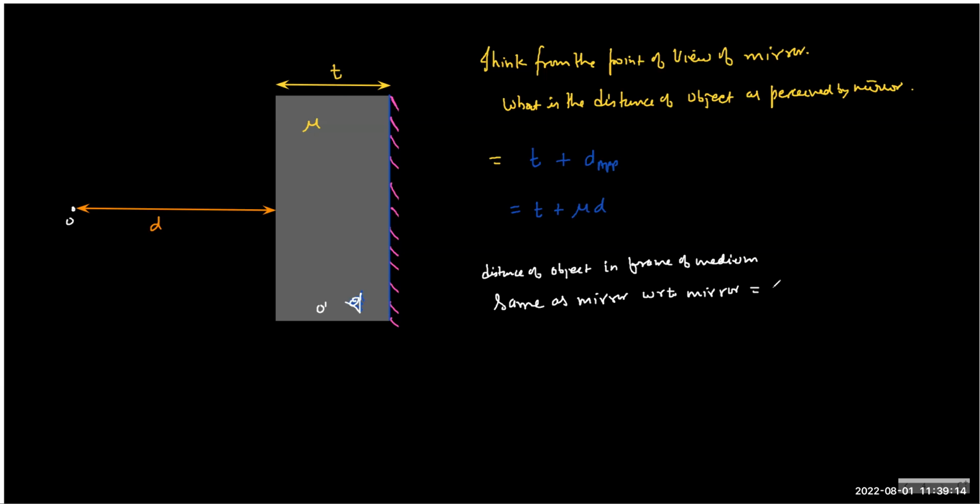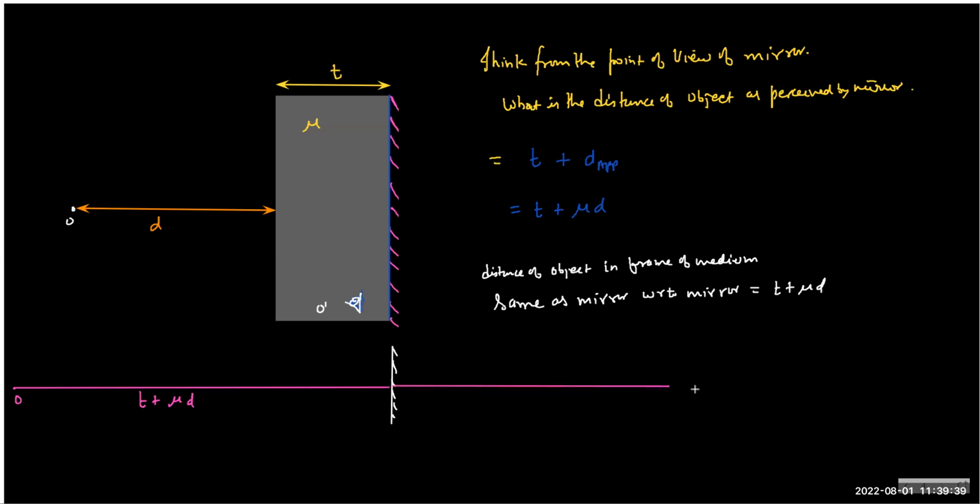Tell me guys. t plus mu d, because the mirror is seeing. So for the mirror, the actual object is far away. Look at this. And this is t plus mu d. So where will the image form?